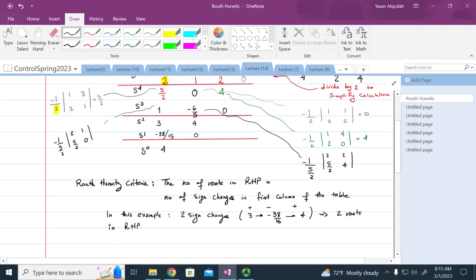Is that clear? Makes sense? So if this was the characteristic equation of a closed loop system, is this system stable? Unstable. We have roots in the right half plane.